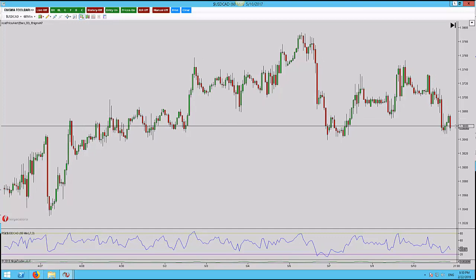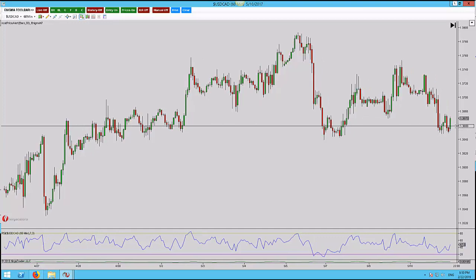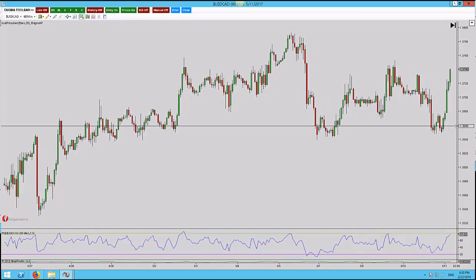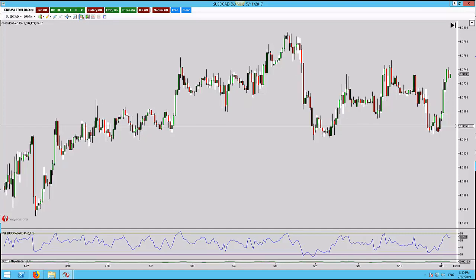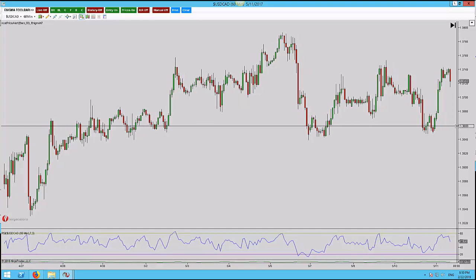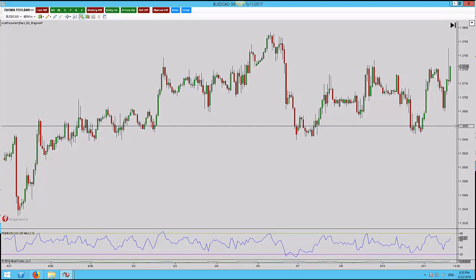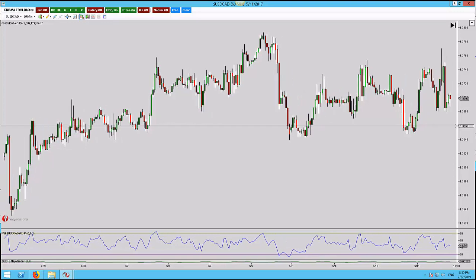Oh dear. Okay, we're double bottomed, we're heading up higher, potential pattern if we do go higher.